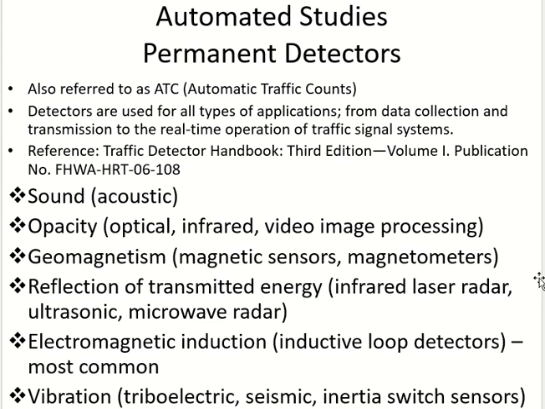Some provide speed data, some provide counting data, and so on. So they are not of a single type, and they are multifunctional detectors as well. You install them and you can get multiple parameters of the data, like speed and count. So there are many types of permanent detectors available. The main function of the detector is obviously data collection.